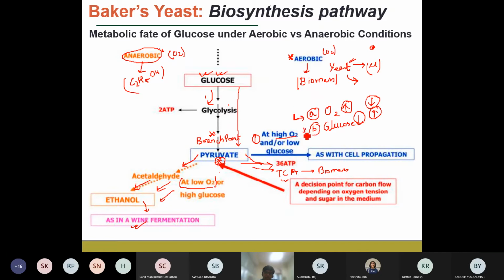Now coming to the second point, why there is an effect of glucose, we will look into that in the subsequent slides. But before that, we can say that this particular branch point is a decision point for the carbon flow, depending upon the oxygen tension and the sugar in the medium.